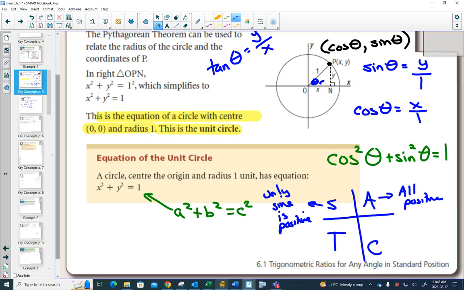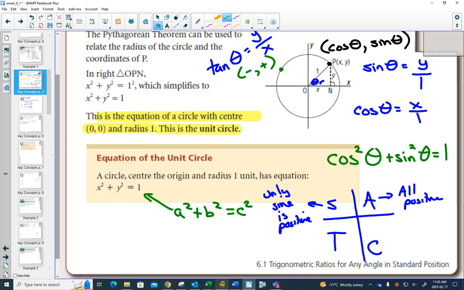And your unit circle explains that. Because if I pick a random coordinate in quadrant 2, can you see that your x coordinate is negative and your y coordinate is positive? So if my x is cos and y is sine, can you see that sine would be positive, cos is negative, and if tangent is y divided by x, or sine divided by cos, it's also going to be negative.